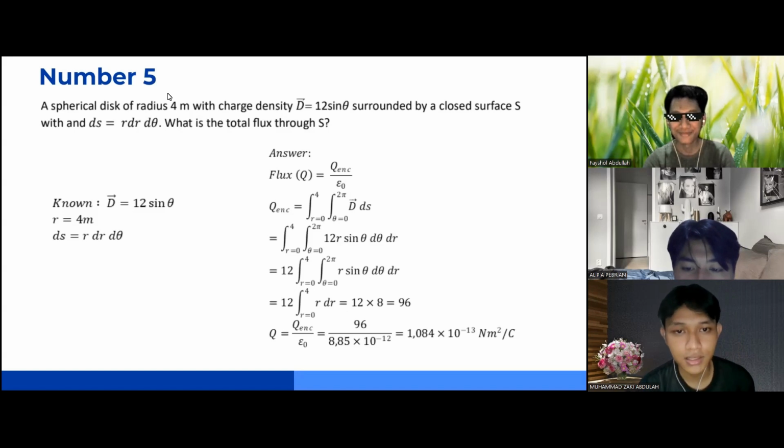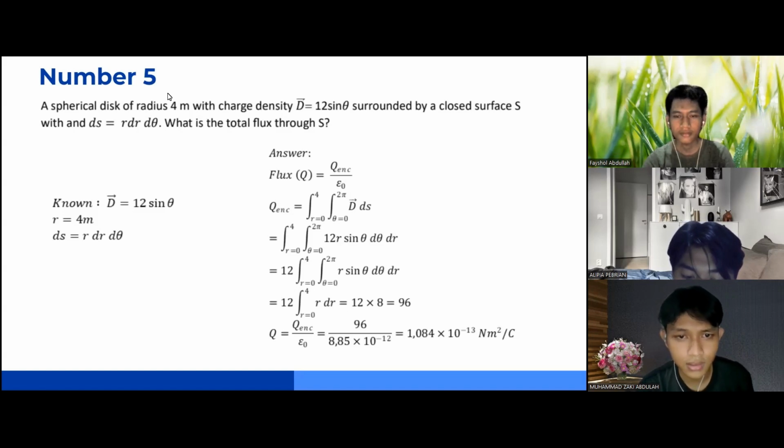So the answer is flux equals Q_enc over ε0, and Q_enc equals the integral r = 0 to 4 and θ = 0 to π of vector D · dS.